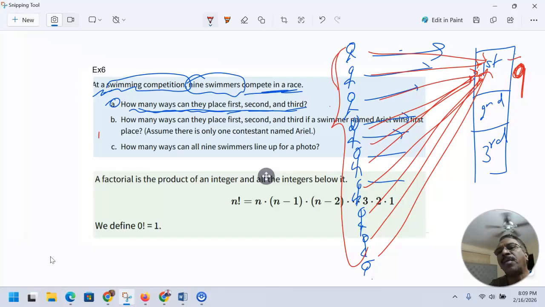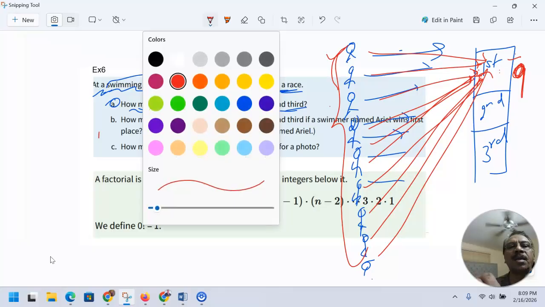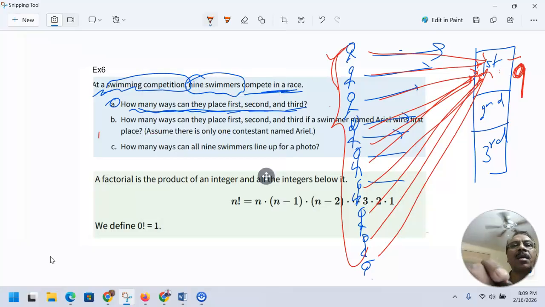Once one of these 9 is already placed, let me take off this piece. This guy is gone, placed here. Of course, it could have been anyone, that's why I said 9.